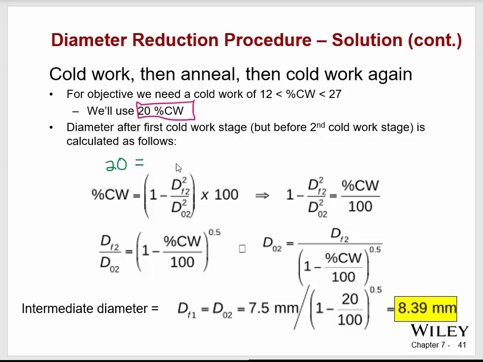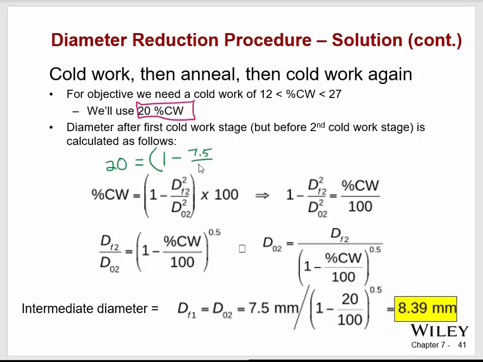20 is equal to the original diameter minus the final diameter, but that's the same as the original diameter over the original diameter, squared, which is just 1. So 1 minus, now we have the final diameter, which we know is 7.5 millimeters, right?